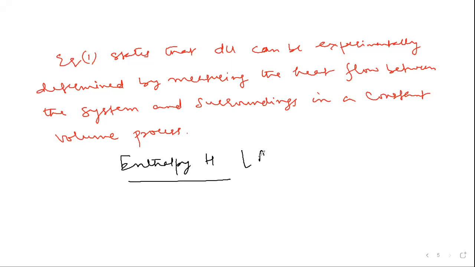So I write a new state function. Let us see how we define it. First, we want to see how we can write the first law under reversible and constant pressure conditions.